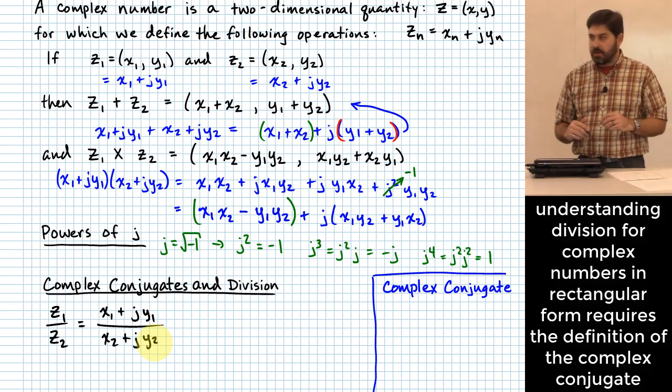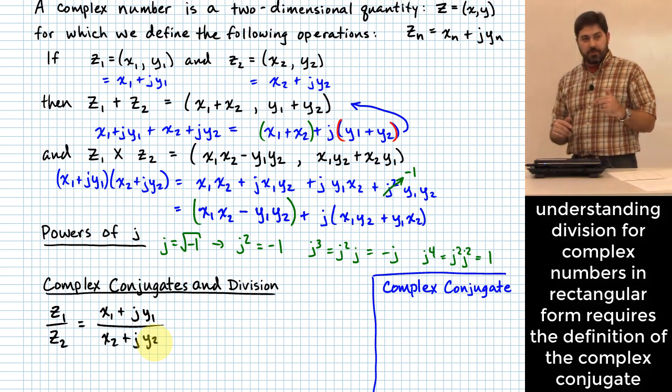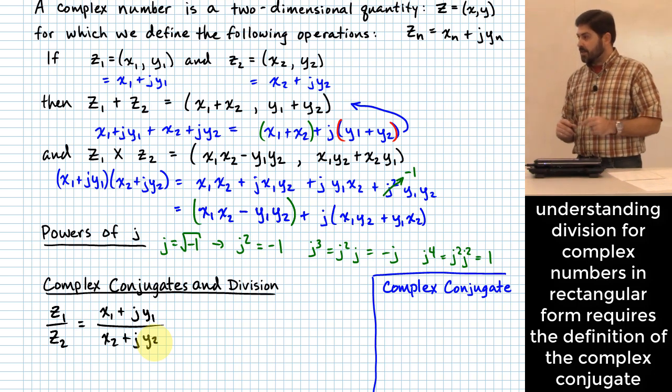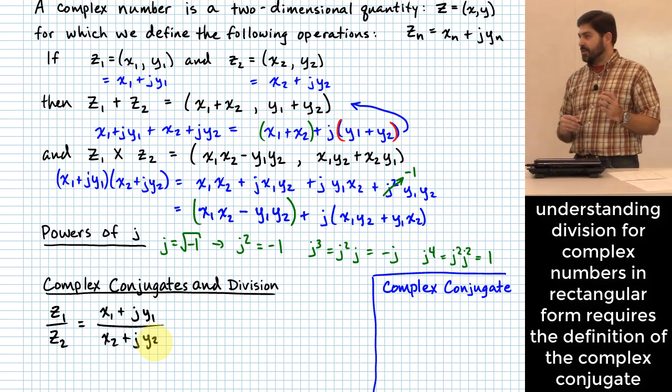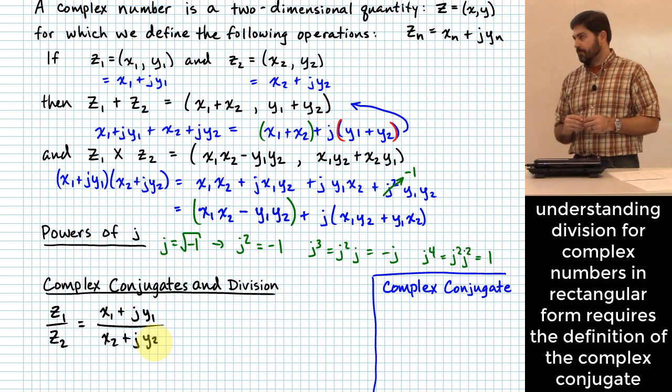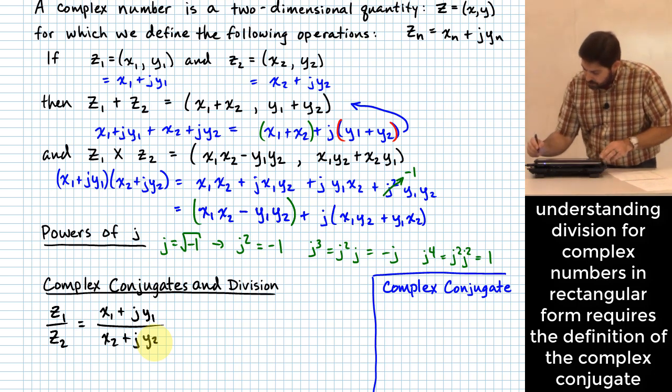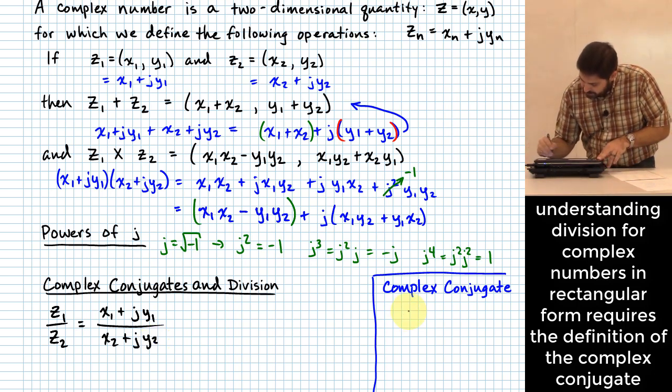So this is a good opportunity for me to bring in another idea that comes up a lot in complex numbers, and that is called a complex conjugate. It makes some operations like this much easier to see how they work. Okay? So, first of all, what do we mean by a complex conjugate?